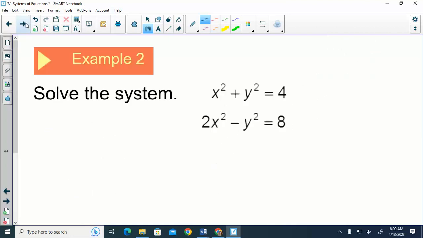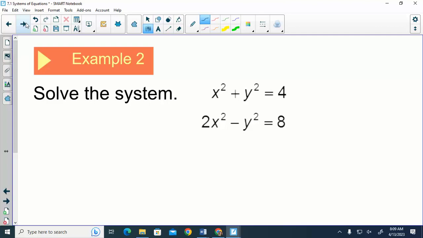Look at this one. They are the same. Definitely uglier this time. Yeah, can't we already do elimination though?